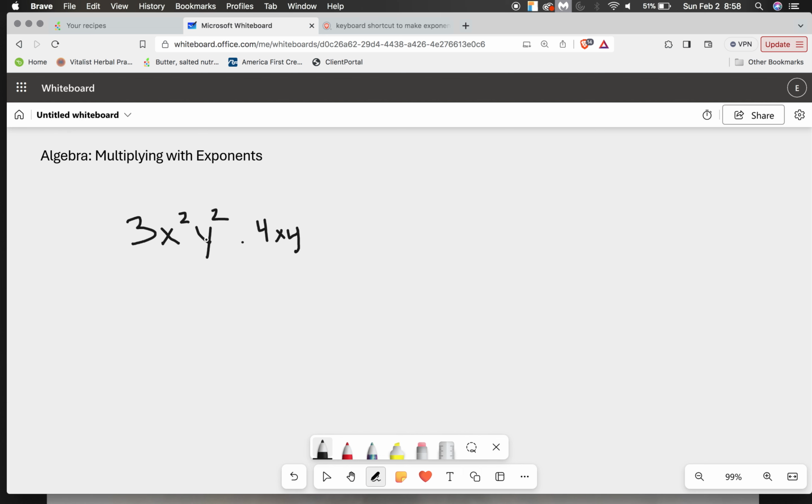Well, it's just multiplied like everything else, right? So if we're going to merge these terms with multiplication, then we're just going to do 3 times 4, which is 12. And then x squared and x, which means we have x cubed. And y squared and y, which means we have y cubed. And that is how we merge these terms into this with multiplication.